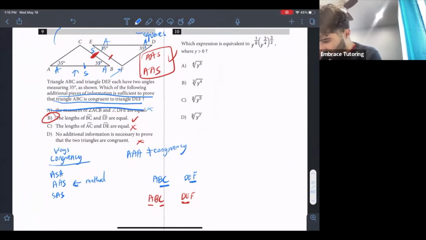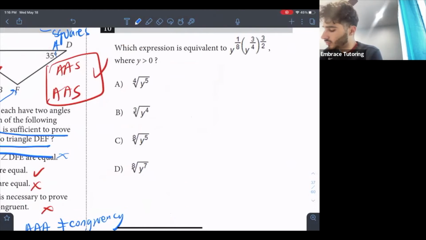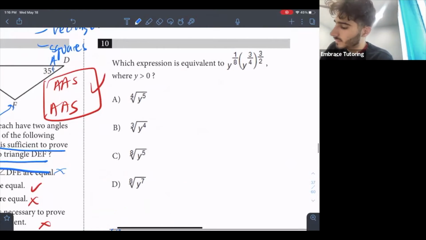Which expression is equivalent to y raised to the 1/8 times y raised to the 3/4, which is also raised to 3/2? So we have to use the exponent laws.